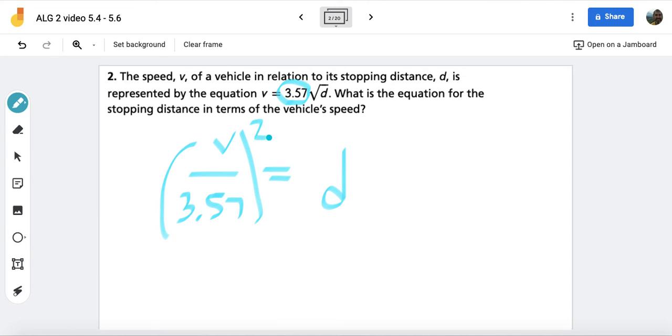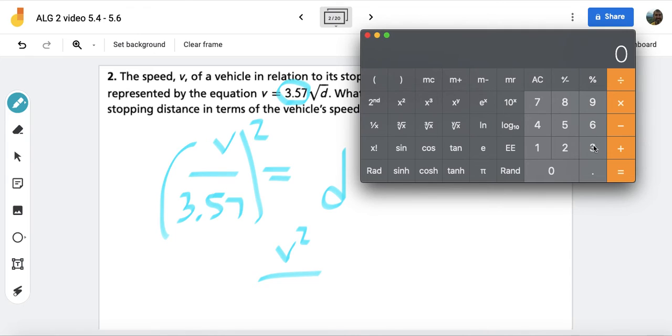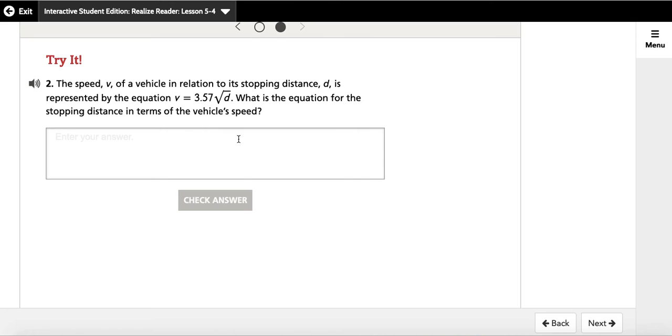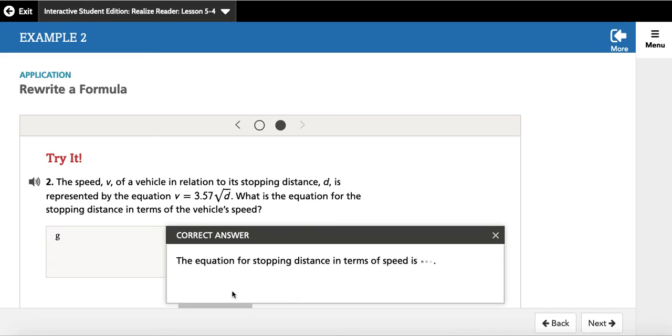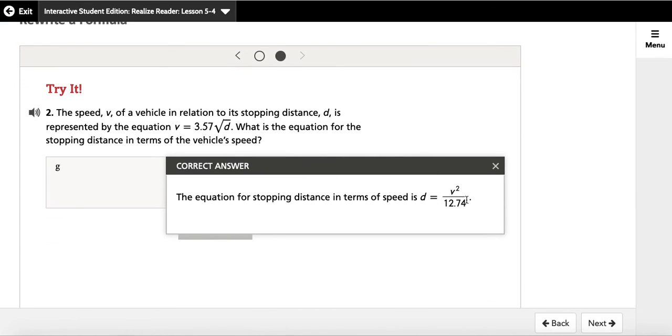Now if I want, I can leave it like this, or I can write it as v squared divided by whatever 3.57 squared is. So let's find out what that is, and then we can look at what their answer was. You can use either way. 3.57 squared is about 12.74. Let's see what they were. 12.74. Yep, they did it that way.